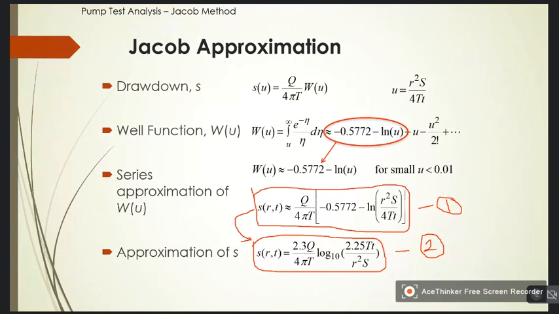So what is x? What is the definition? Natural log. e power of that. So e power minus 0.5772 is x.